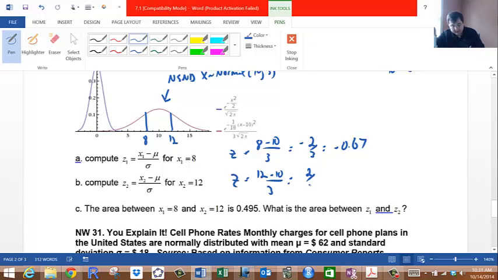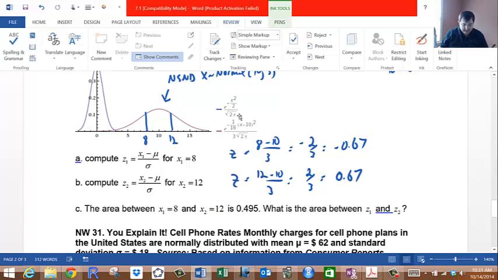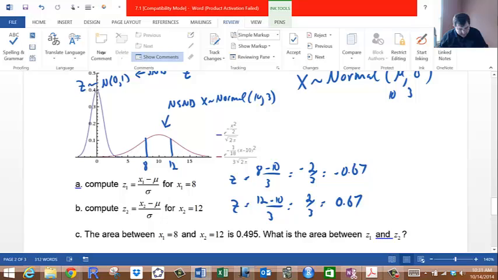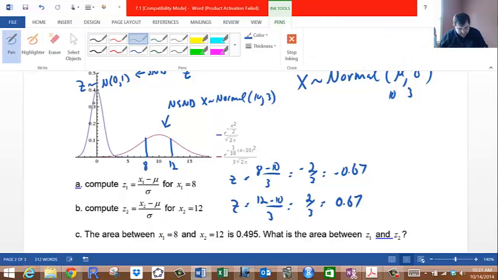So we get positive 2/3, which is 0.67. So these X's go to Z's. So we've got minus 0.67 and positive 0.67 here.